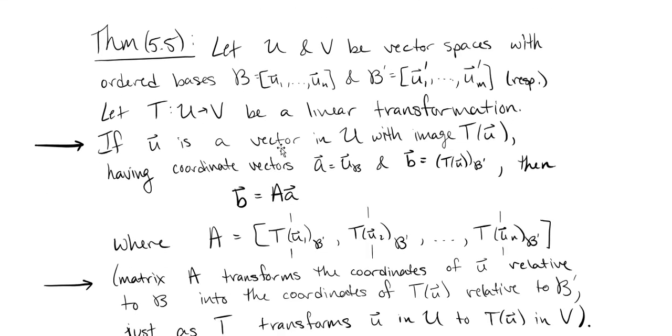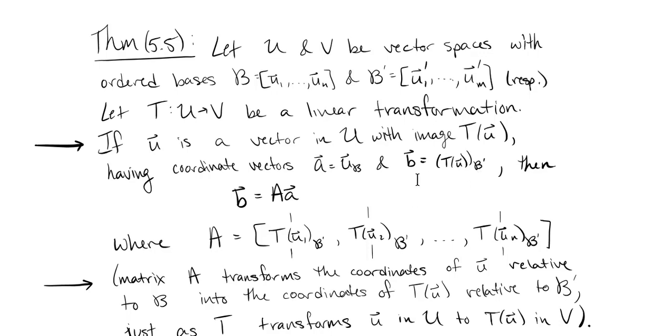There's a lot to this theorem, so I want to go through it in pieces. First, if u is a vector in vector space U with image T of u having coordinate vectors, a, that's the coordinates of this u vector with respect to basis B, and vector b, which is the coordinates of the image under this transformation, but with respect to basis B prime.